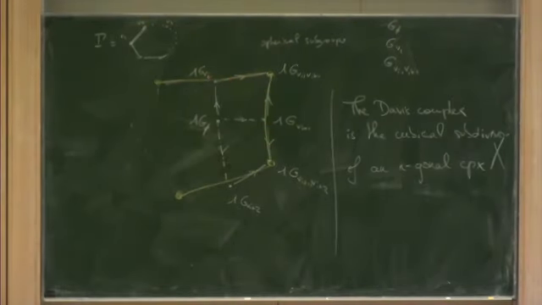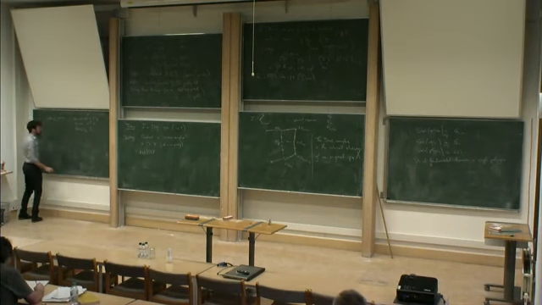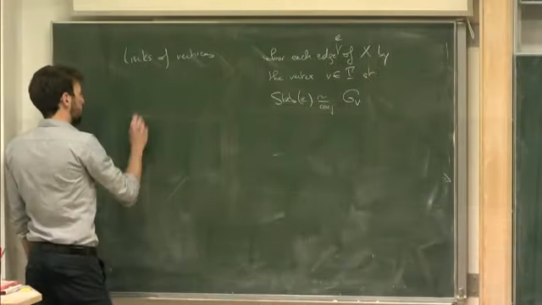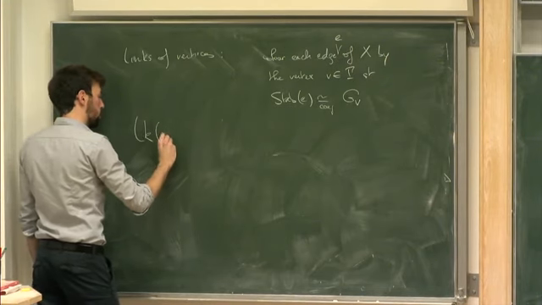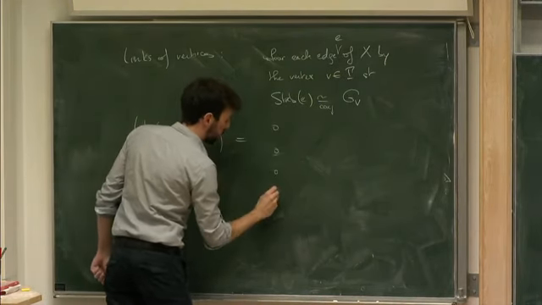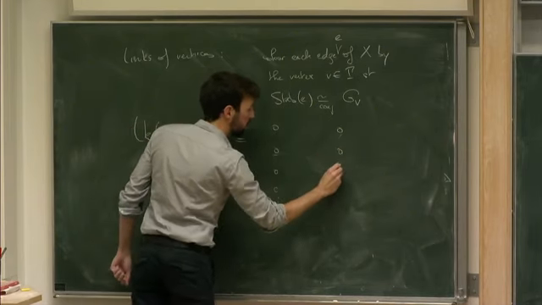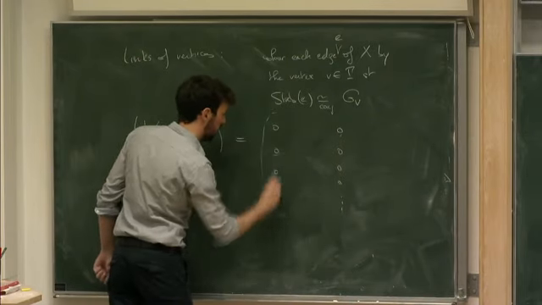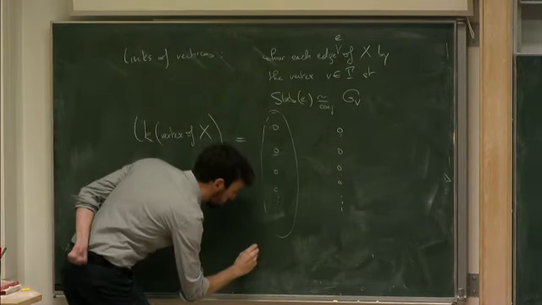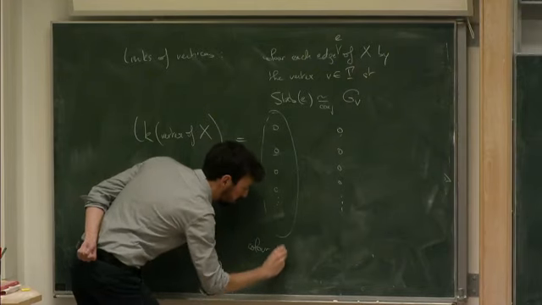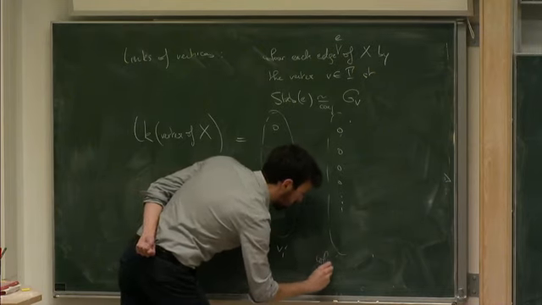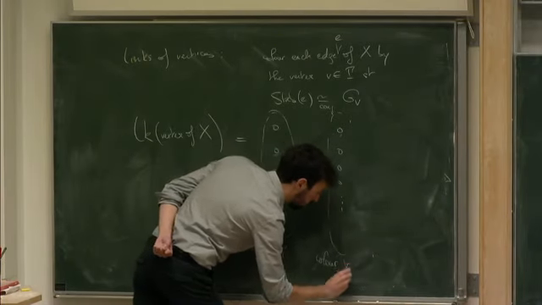And because the relation in the group tells you that two adjacent groups commute, the link of a vertex of X is going to be complete bipartite, where these vertices correspond to all the edges of color V_i, and here are going to be all the edges of color V_{i+1}.